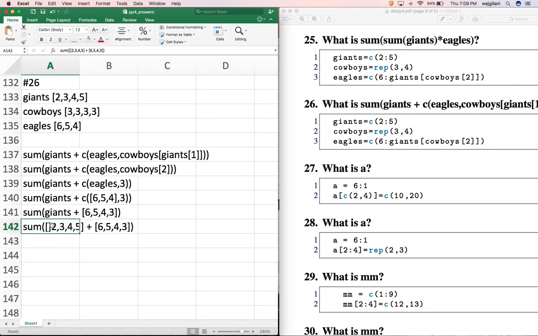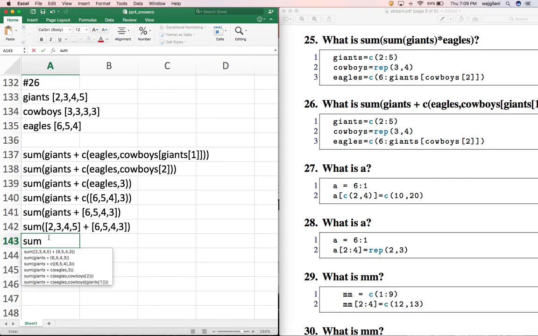Okay, now we have vector mathematics, guys. So I'm going to go ahead and do the vector mathematics. It's going to give me a vector that's going to be 2 plus 6, 8, 3 plus 5, 8, 4 plus 4, 8, and 5 plus 3, 8. And the sum of 8, 8, and 8 gives me 32. All right, and that's number 26.